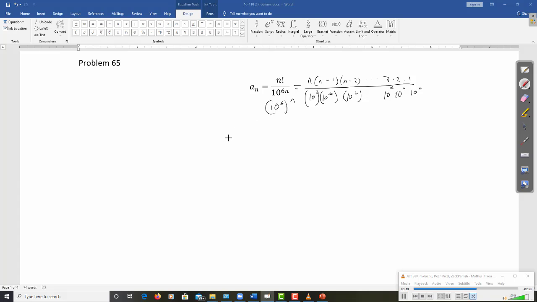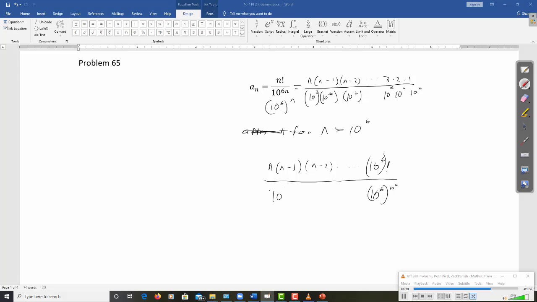Well, let's see here. We know at a certain point, for n greater than 10 to the 6th, the top will be n times n minus 1 times n minus 2 times dot dot dot, I'm just going to say 10 to the 6th factorial, over 10 to the 6th to the 10 to the 6th. And then we will have, see how many will we have left here?